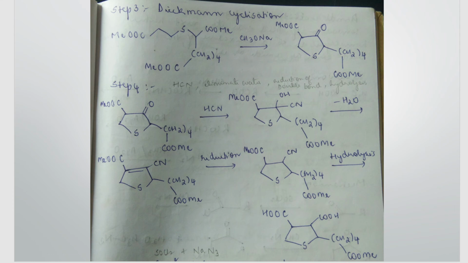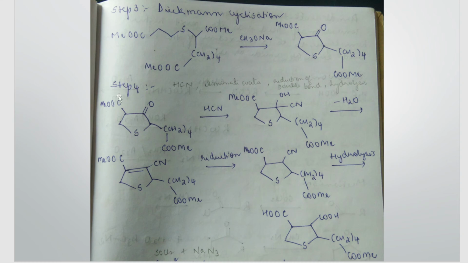That is step number 3, the Dieckmann cyclization reaction. On Dieckmann cyclization, you can see this part has formed a ring now. One of the groups, that is the COO group, gets converted into a C double bond O group here, and this folds to form a ring here.